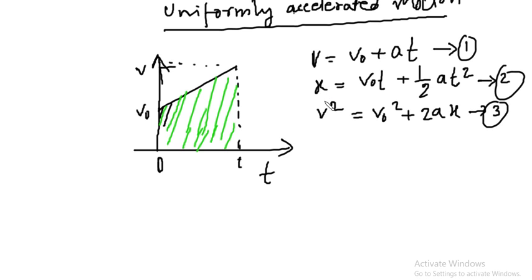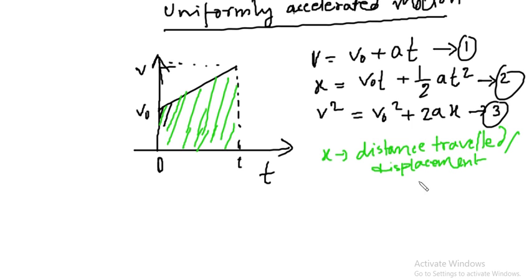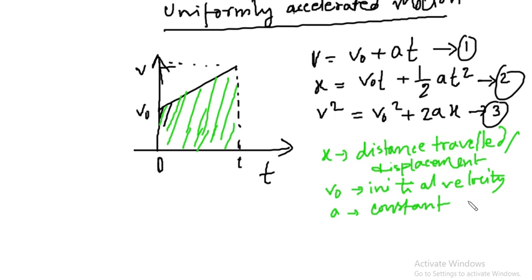Okay, anyway, here what I should mention, even though these are standard notations, x is the distance traveled, or since it is one dimensional motion, you can say that this is actually displacement, and v0 is initial velocity, a is acceleration, which is constant acceleration, and t is time.